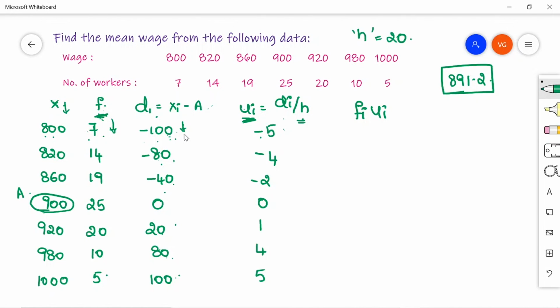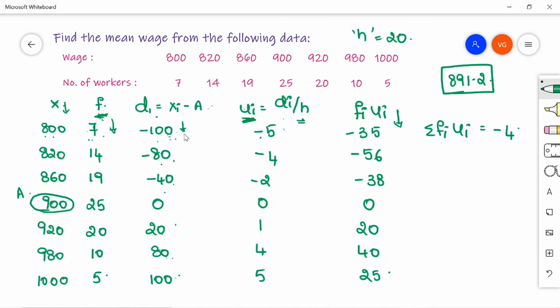So if I multiply fi and ui, 7 into minus 5, minus 35, next is minus 56, 19 into minus 2, minus 38, 25 into 0, 0, 20 into 1, 20, 10 into 4, 40, 5 into 5, 25. Now calculate sigma fi ui. If you add up all these points, you will get minus 44. You know sigma f, that is nothing but n, is 100, right?